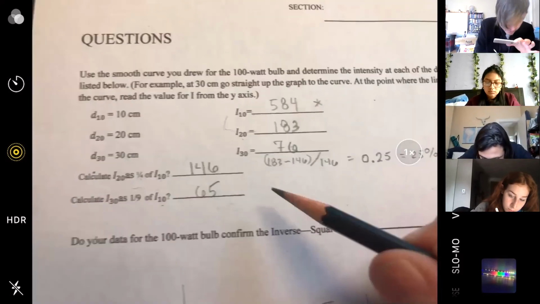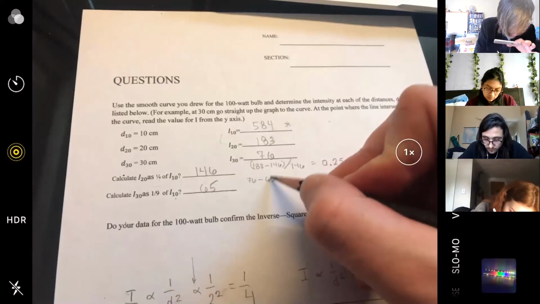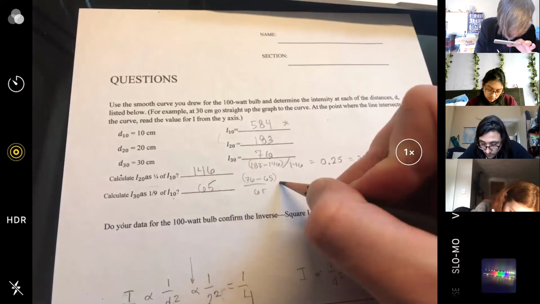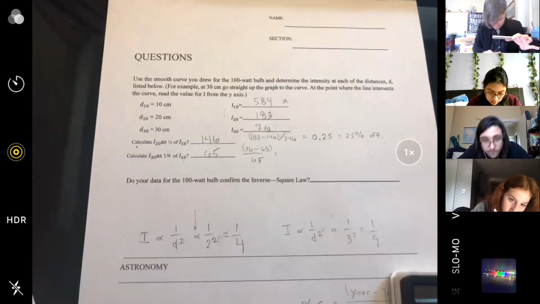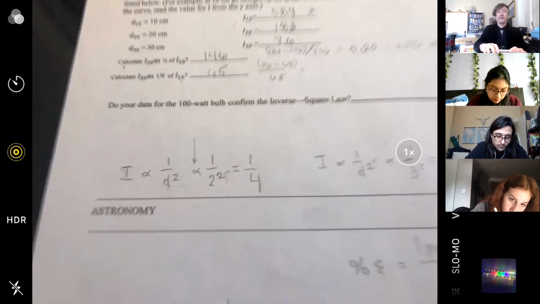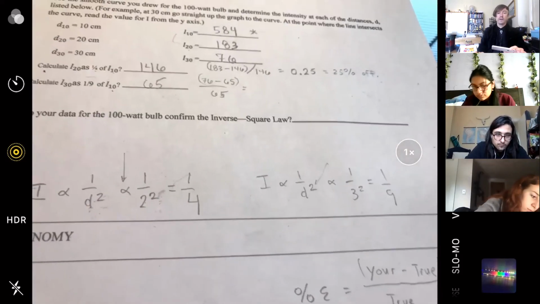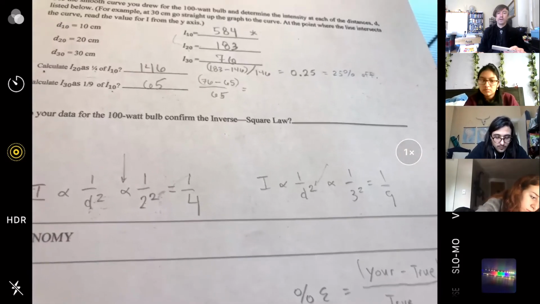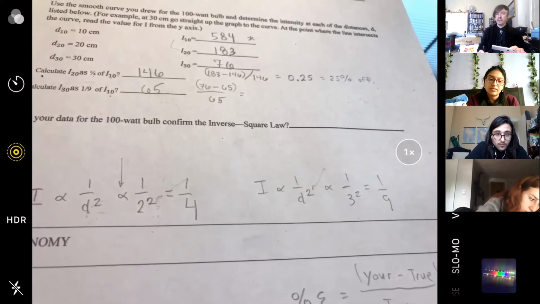Let's calculate the percent error here. 76 minus 65 over 65. What's the error there? You guys do that one. I don't know if I did it correctly. I got 8%.